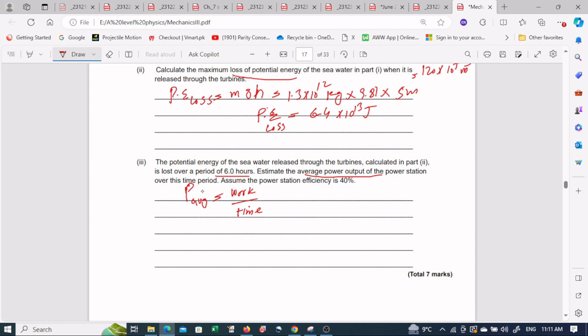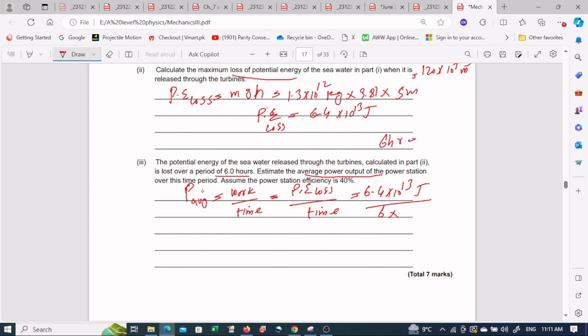The work performed by this water is converted into useful energy, that is the potential energy lost, divided by the time taken. The potential energy we already calculated is 6.4 times 10 to the power 13 joules, divided by the time taken, 6 hours.